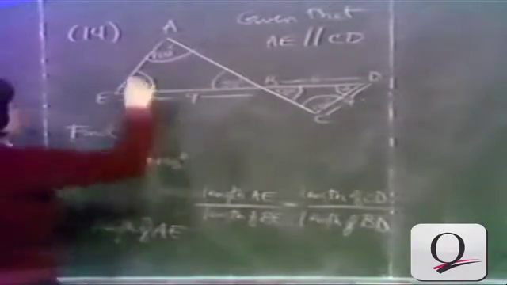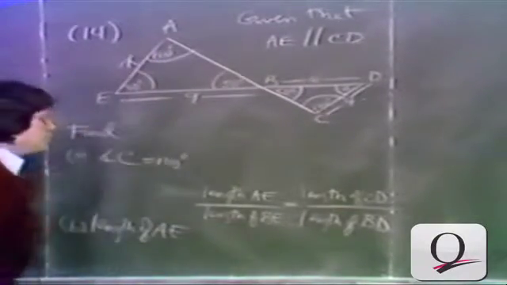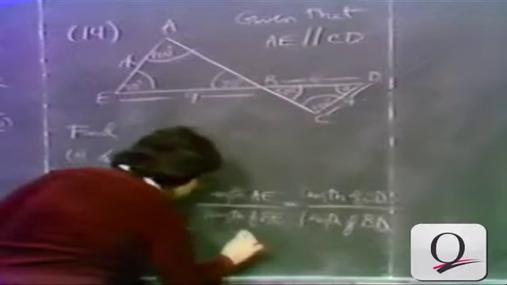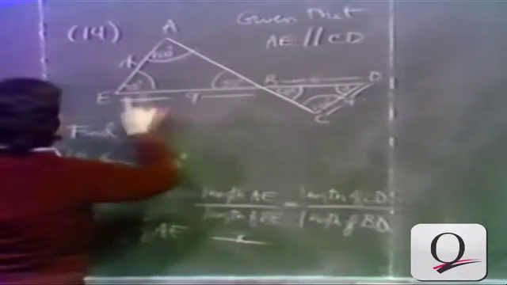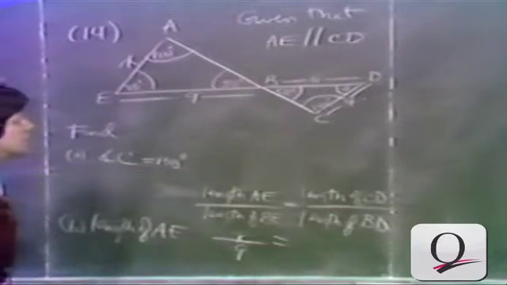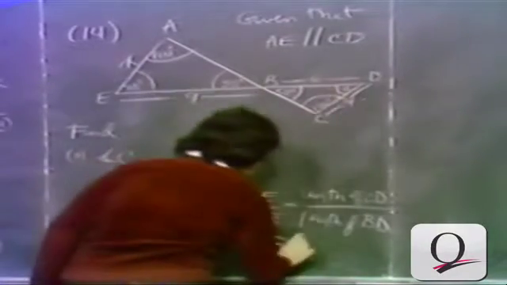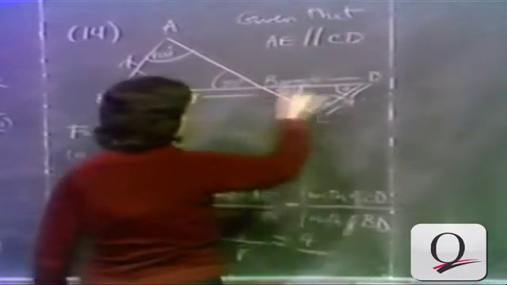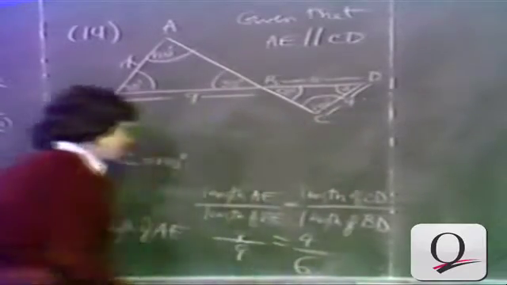Okay, let's call the length of AE X. So we have X is to the length of BE, which is 9, as the length of CD, which is 4, is to the length of BD, which is 6.